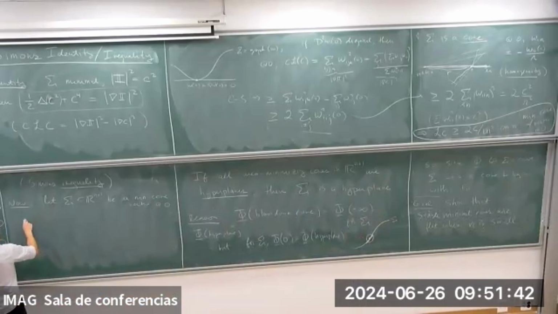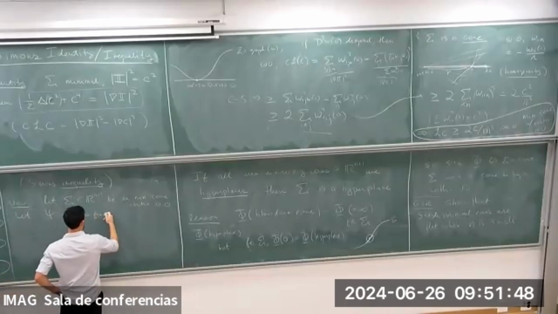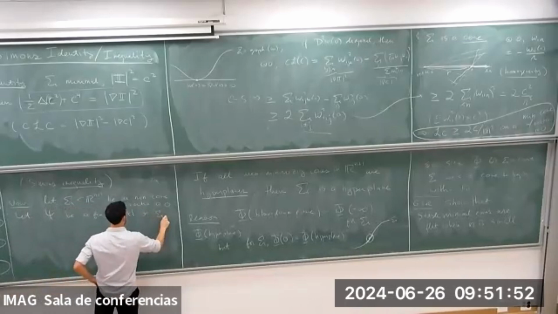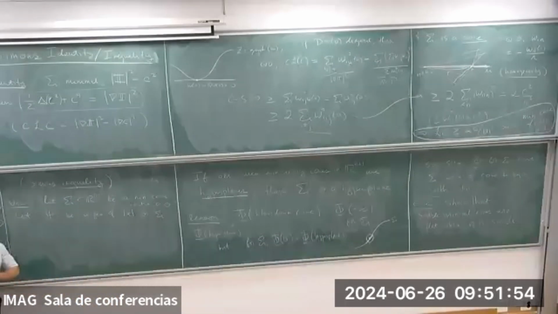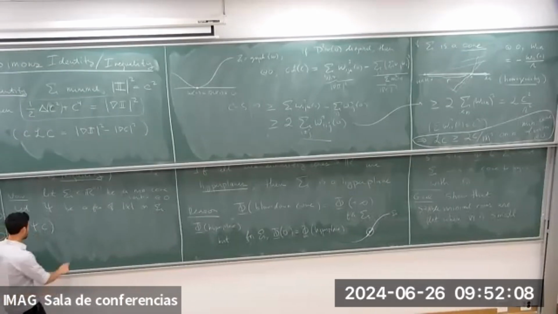So let psi be a function of x, a radial function. And let's just apply the Jacobi operator to psi times c. See what we get. We'd like to do a cutoff type argument. What we get is the following.